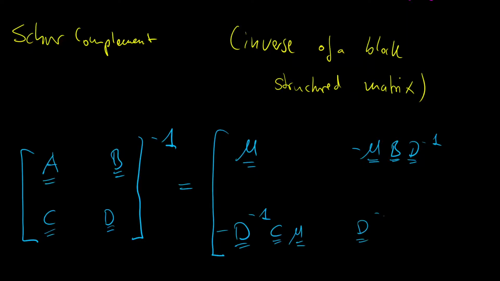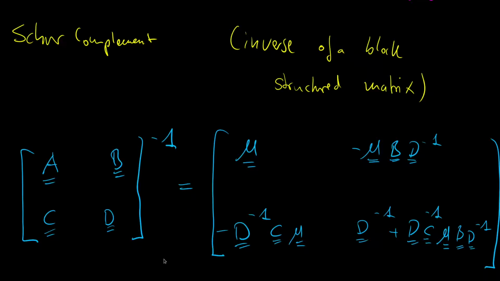And then we have D inverse plus D inverse C M B D inverse. It's quite a tedious one, but with this we found a way to express this inverse in terms of these matrices and the inverse of the submatrices. And even more importantly, we only need the inverse of the D submatrix.